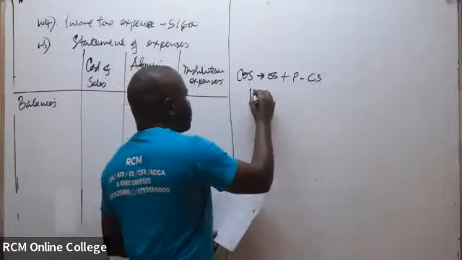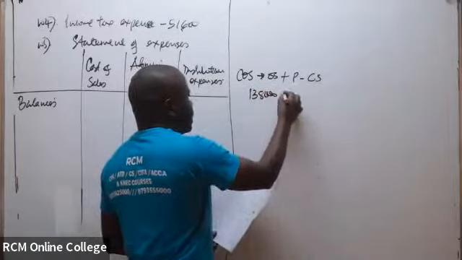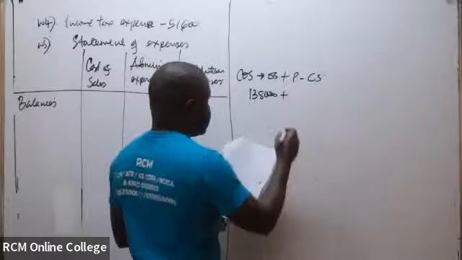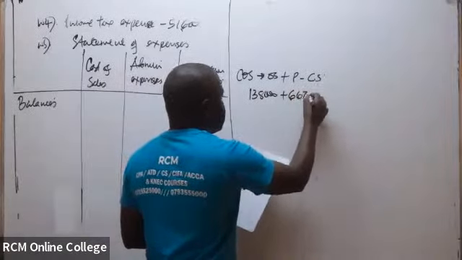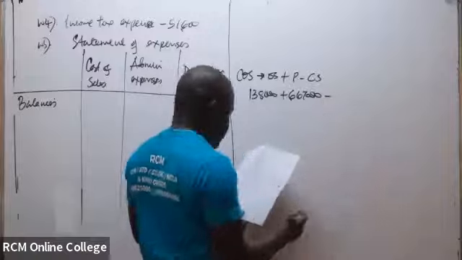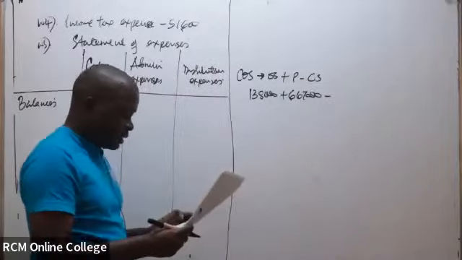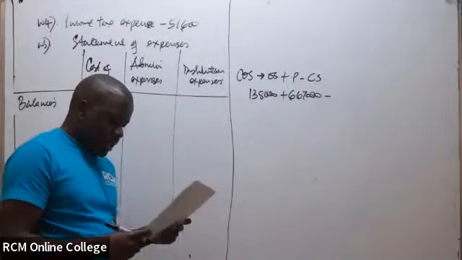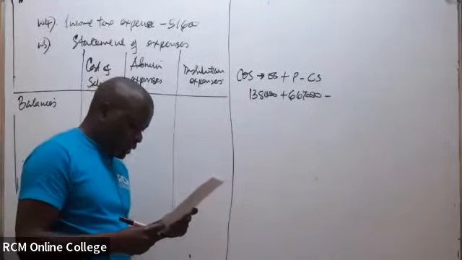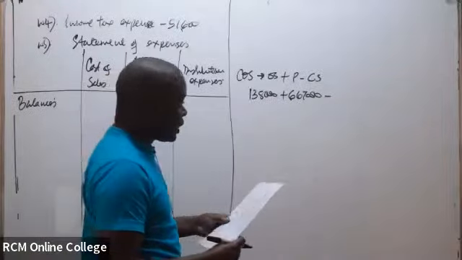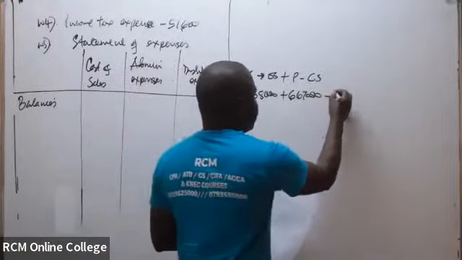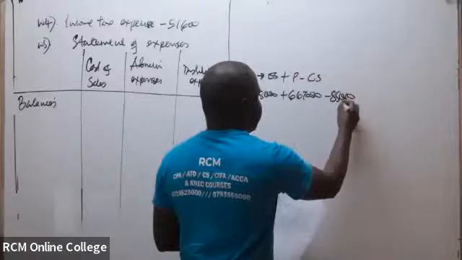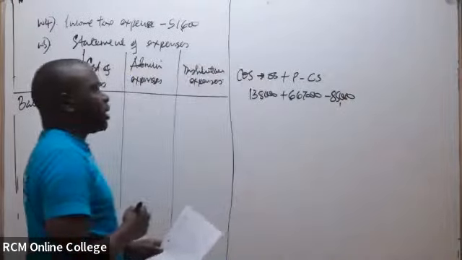You add the purchases of 667,000. Then we less the closing inventory given in the additional information, number 5, which is 85 million. So try to do the computation.